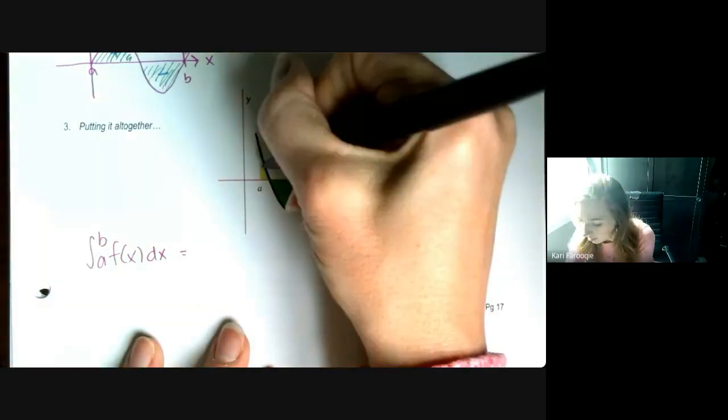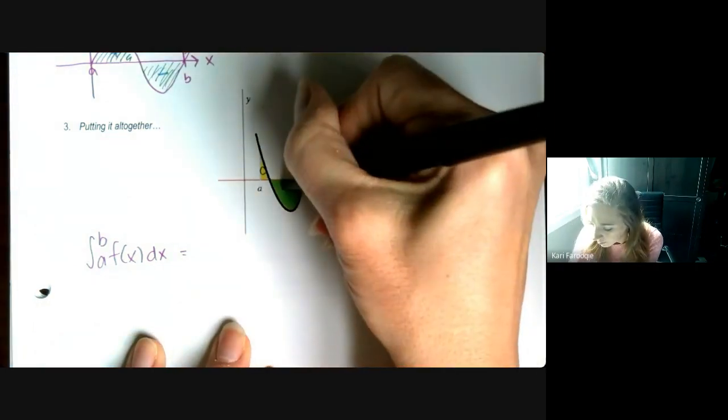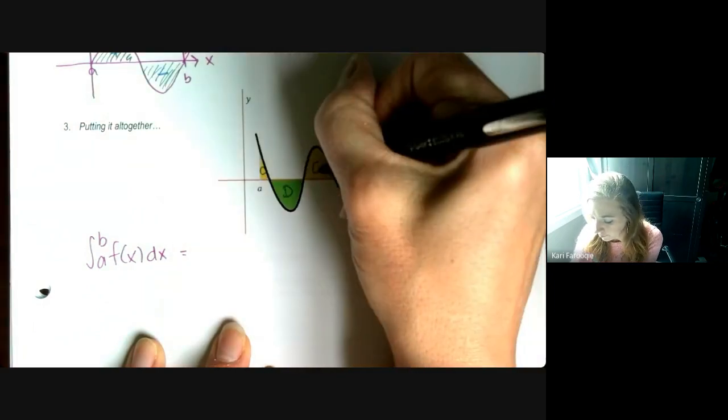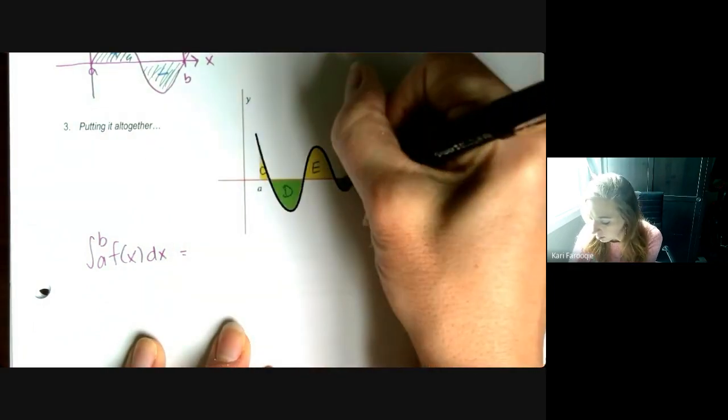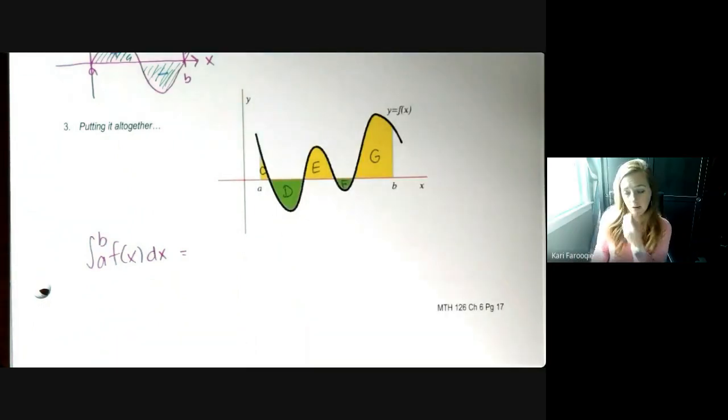Let's say we have the first yellow region is C. First green region would be D. And we'll go E, F, and G. So in order to find the area under the curve, what I would be doing would be adding up all the areas that are above the x-axis.